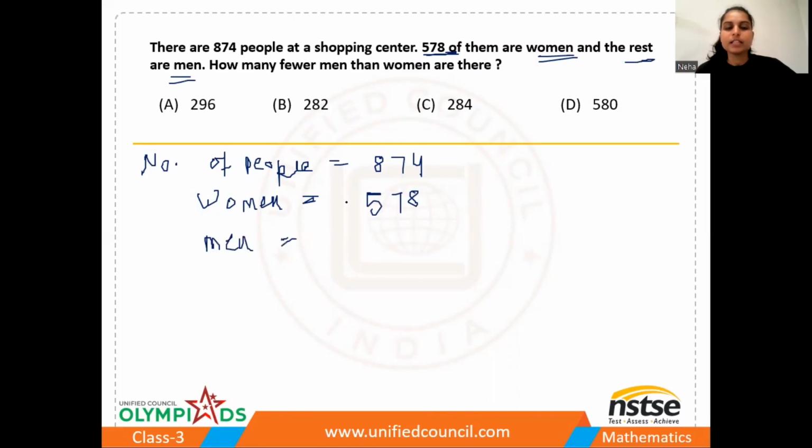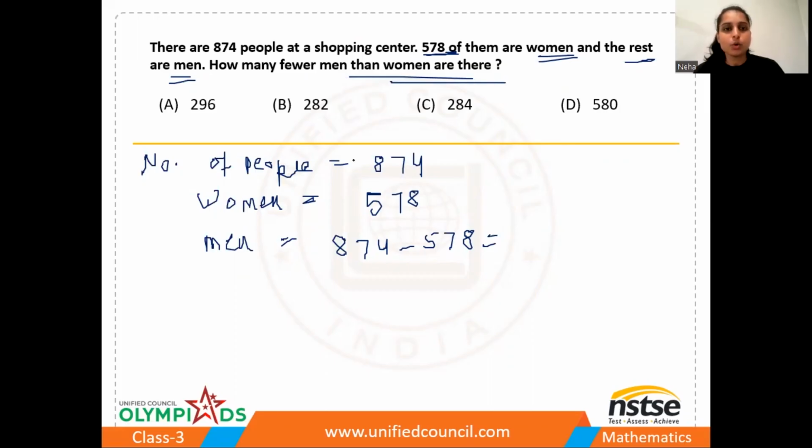That means the total number of men is 874 minus 578, right? These are the number of men here. Now the question is asking how many fewer men than women are there?